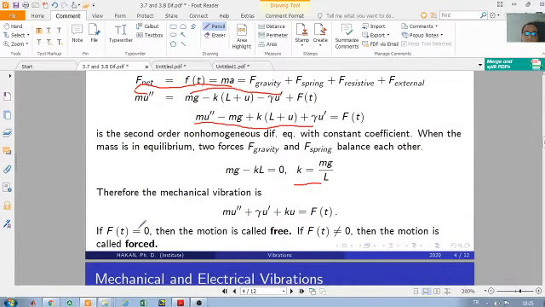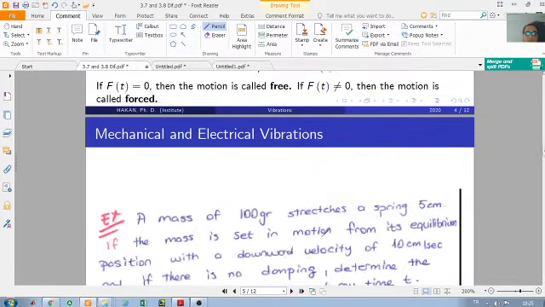If the external force is equal to 0, namely we don't apply any external force to the mass, then the motion is called free. If it is not equal to 0, then the motion is called forced.